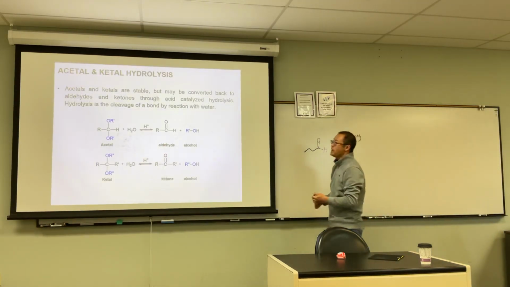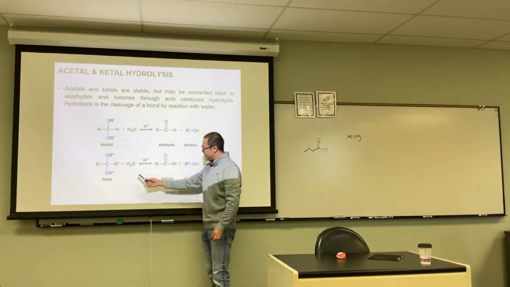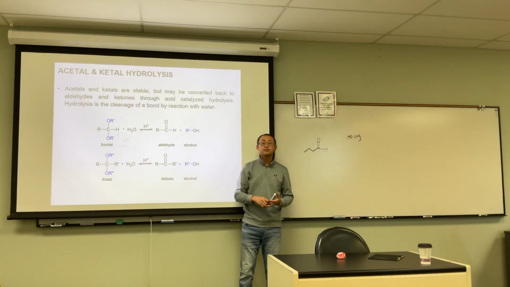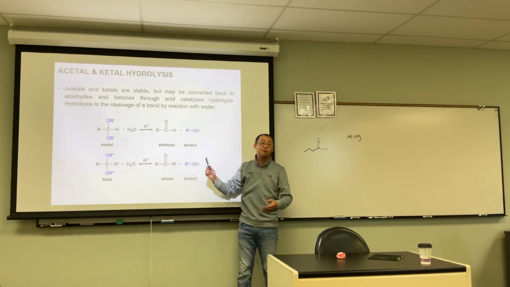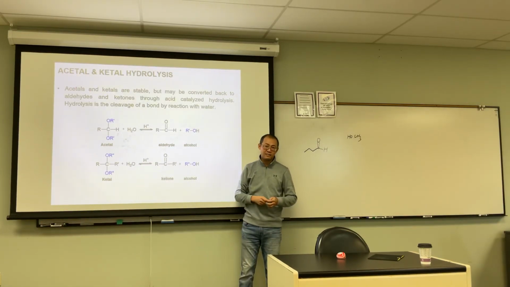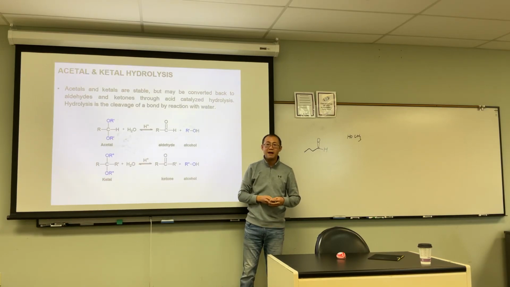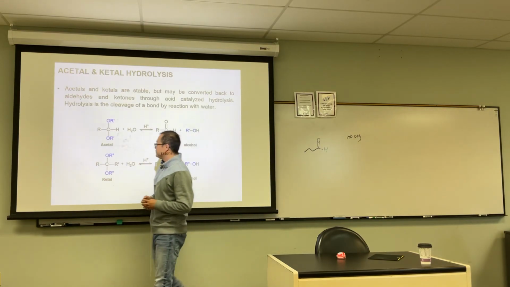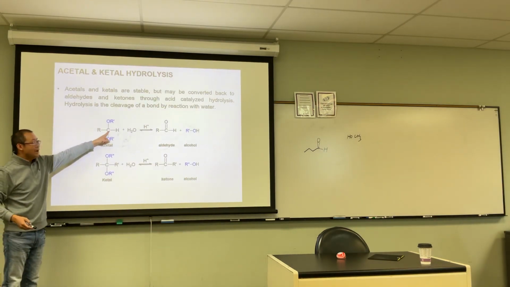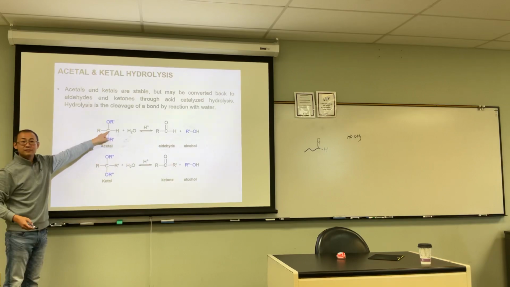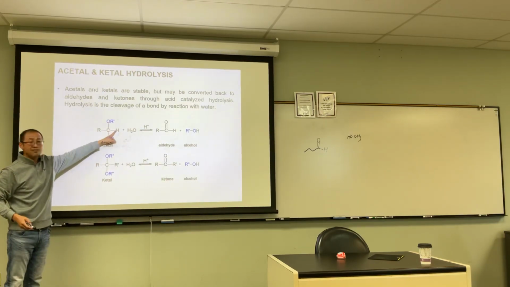No matter hemiacetal or hemiketal, they can be turned back to their aldehyde or ketones with their alcohols by adding acid. Okay, they can be changed back. Top reaction, acetal. You can see that? Two ORs on the carbon with hydrogen.